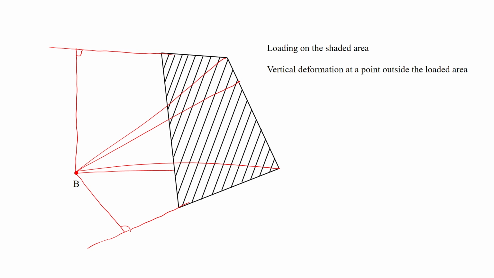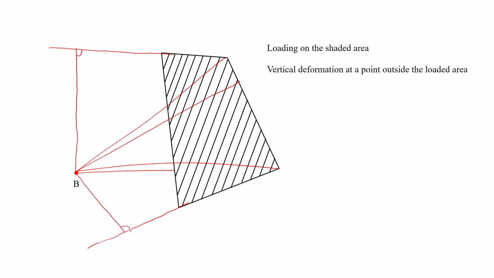So, here you will see that we have made several right angle triangles, and so we will use the idea of superposition to find out the vertical deformation at B.